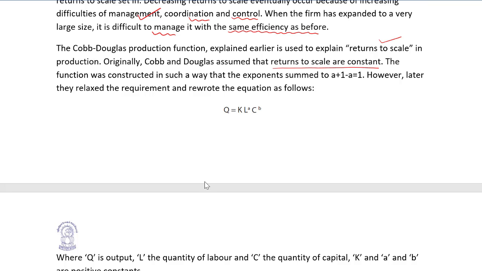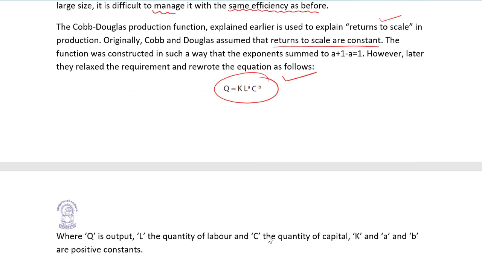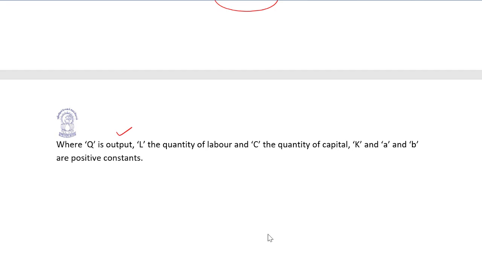However, later they relaxed the requirement and rewrote the equation as follows: Q equals K to the power a times L to the power b, where Q is the output, L is the quantity of labor, K is the quantity of capital, and A and B are positive constants. I believe you understood.